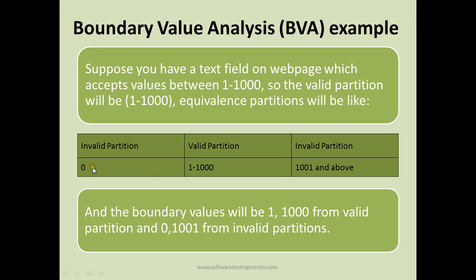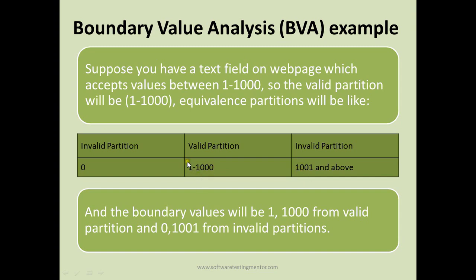Since it just accepts integer values, that is 0, and any integer value of 1001 and above is also invalid, because the text field accepts only values between 1 and 1000. So the boundary values for this example would be 0, 1, 1000 and 1001.